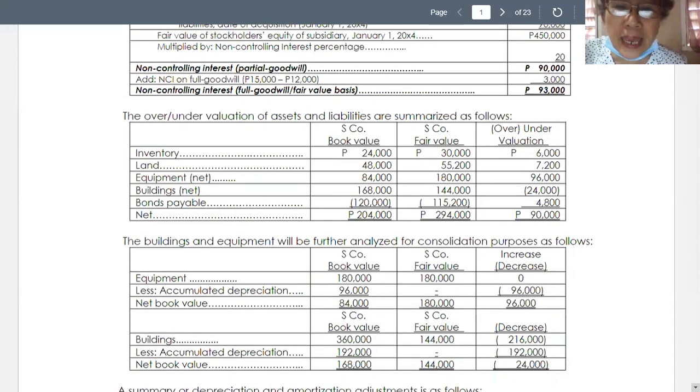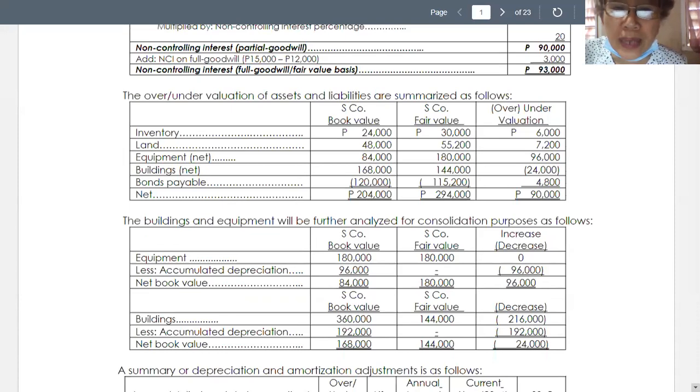For the building's book value is 168,000, whereas 360 is the cost, fair value is 144. There is a difference of 216,000 comparing the fair value and the cost, and the accumulated depreciation of 192,000.